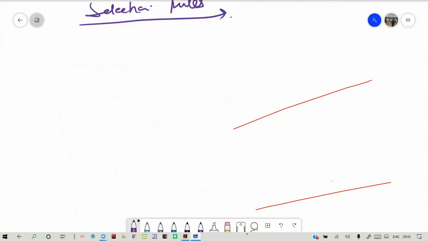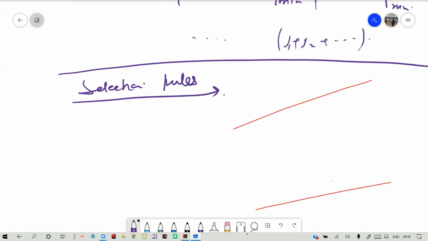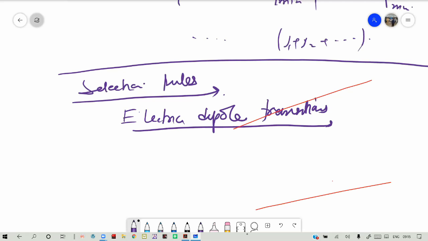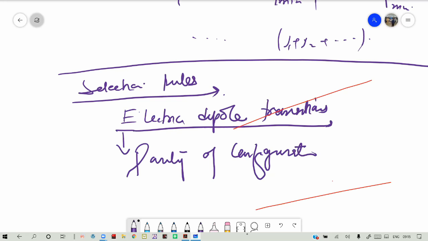They will be governed by the electric dipole transitions, and we also know that in case of electric dipole transitions, the parity of the configuration must change. What does that mean?